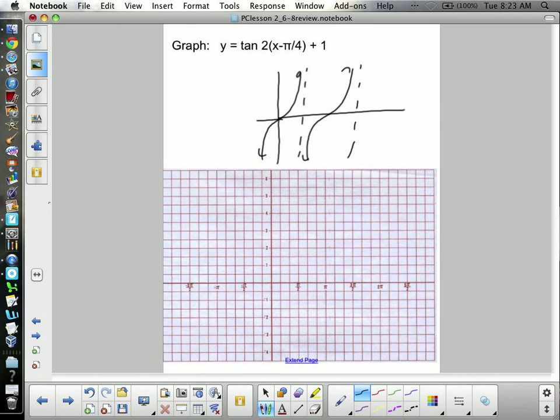That's basically my tangent function right there. I can just see what's going on with this. My amplitude is 1. My period is, this is tangent, so it's going to be what over b? Pi over b. b is 2, so my period is pi over 2.